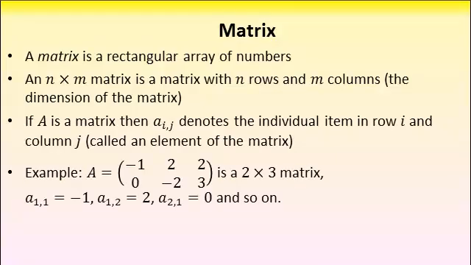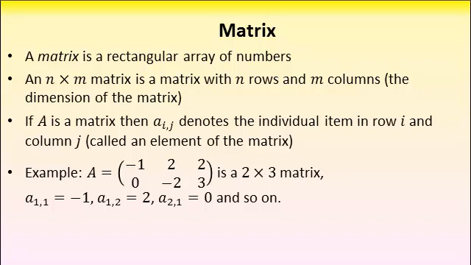Here's another example. A is a matrix. As we see, it has 2 rows and 3 columns. So its dimension is 2 by 3. a_1,1 is -1. That's the element at the top left. a_1,2 is the one to the right of -1, while a_2,1 is the one below -1, and so on.